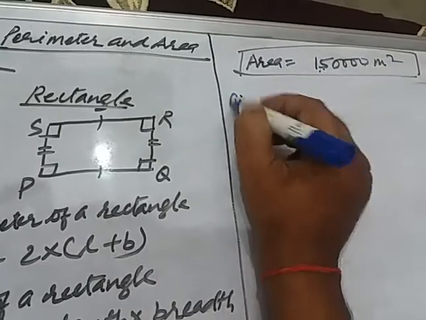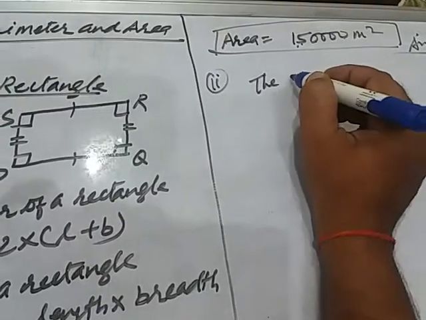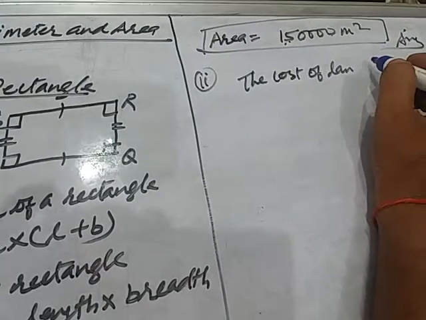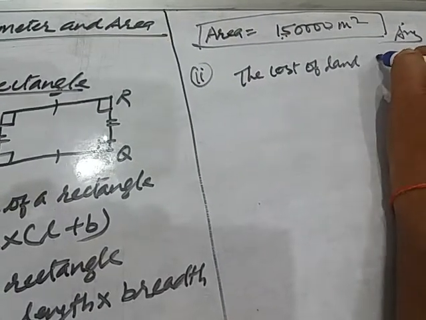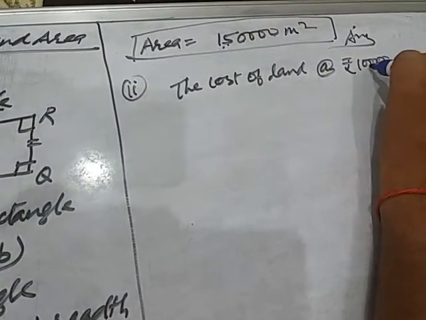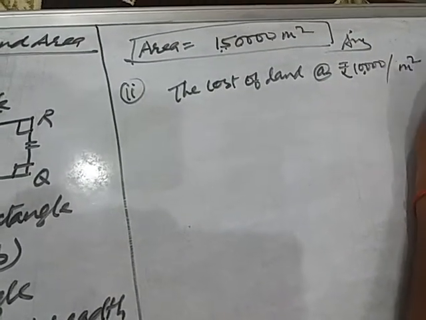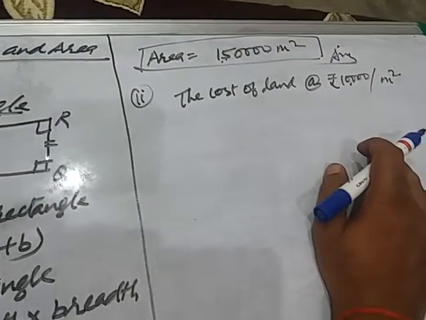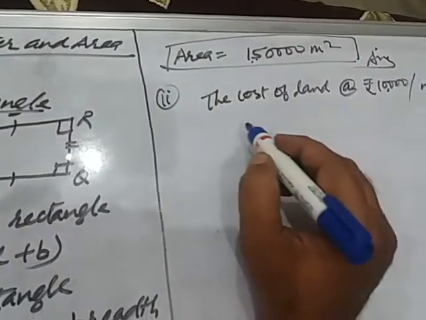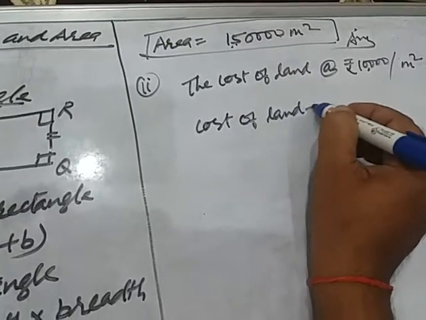What is the second part? We have to find out the cost of land at the rate of rupees 10,000 per square meter. Okay children, so how will you find out? Cost of land equal to what?